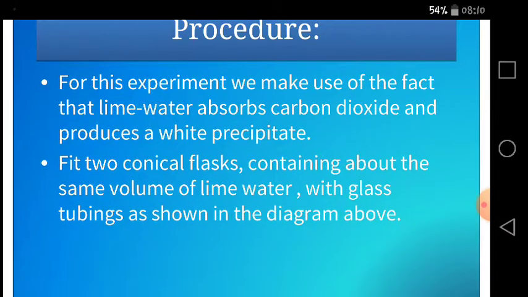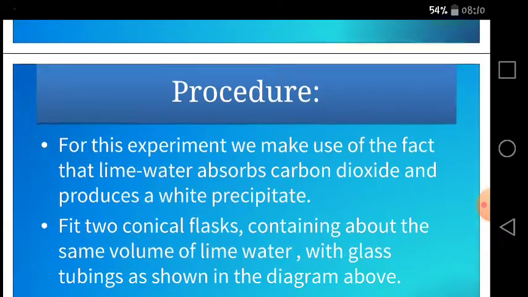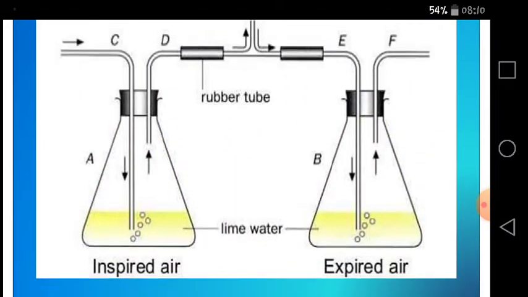Dear students, for this experiment we make use of the fact that lime water absorbs carbon dioxide and produces a white precipitate. First, set up two conical flasks containing about the same volume of lime water with glass tubings as shown in the diagram above.